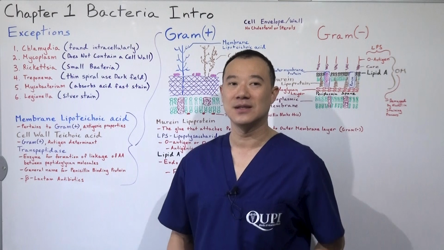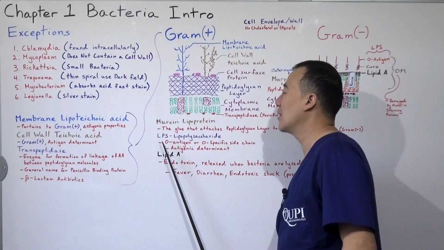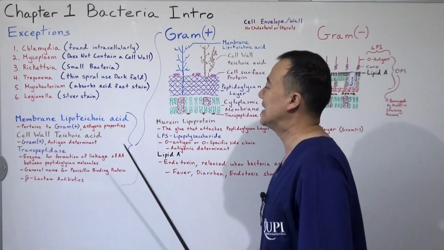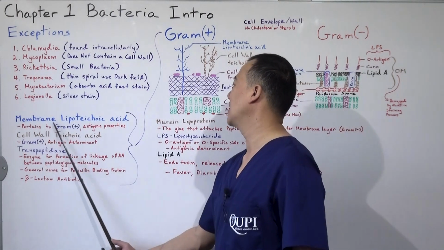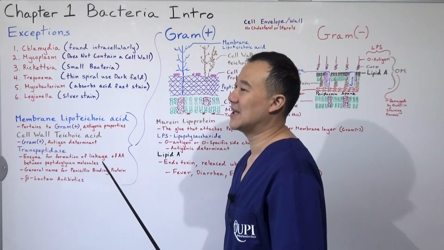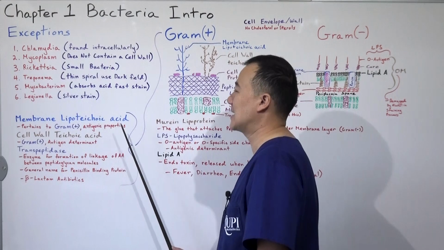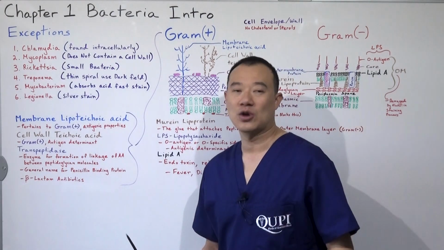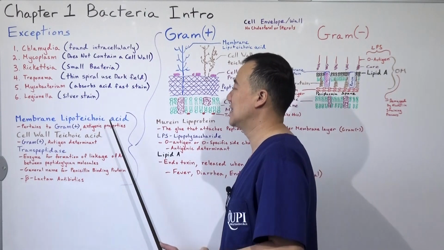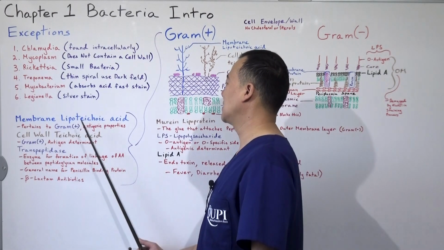They're going to say this bacteria contains A, murein lipoprotein, B, LPS or lipopolysaccharide, C, lipid A, D, membrane lipoteichoic acid. Now, obviously, the only choice that pertains to gram-positive bacteria is the last one, membrane lipoteichoic acid. And if the vignette is describing a gram-positive bacteria, they're going to want you to choose membrane lipoteichoic acid. Simple!